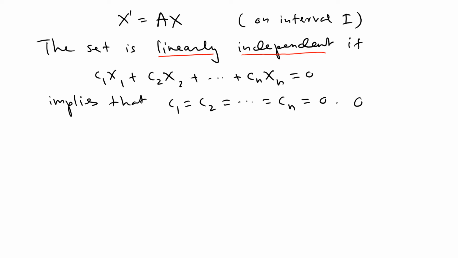Otherwise, if it doesn't imply that, it means there are some non-zero c's that still make the equation 0. Otherwise the set is linearly dependent.